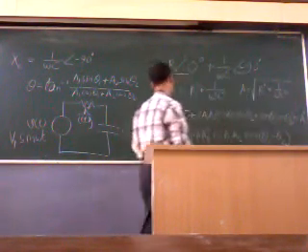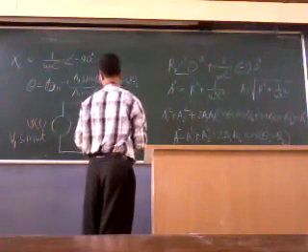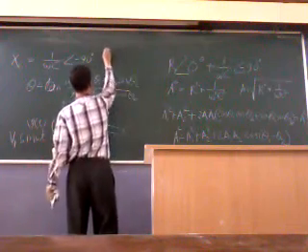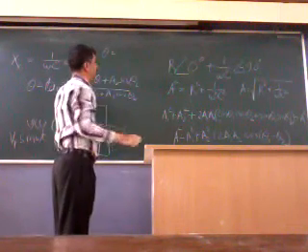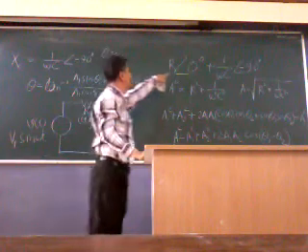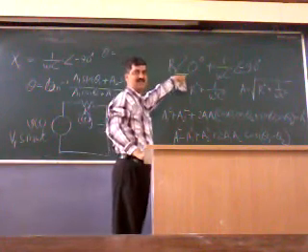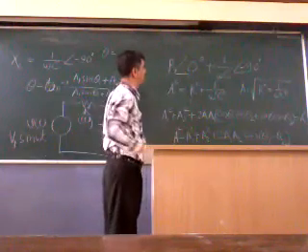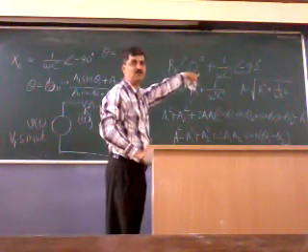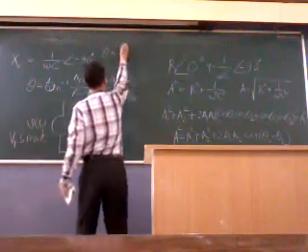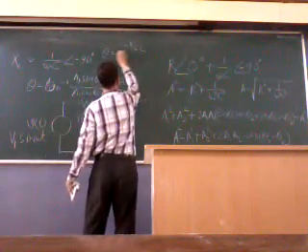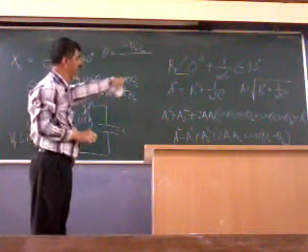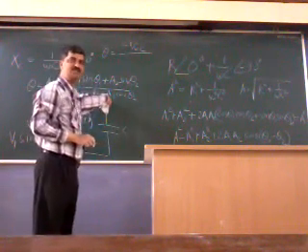What is theta? Theta is tan inverse of a1 sin theta 1, R sin theta 1 is 0, plus a2 sin theta 2, minus 1 upon omega C, upon a1 cos theta 1, which is R, plus a2 cos theta 2, that is 0.